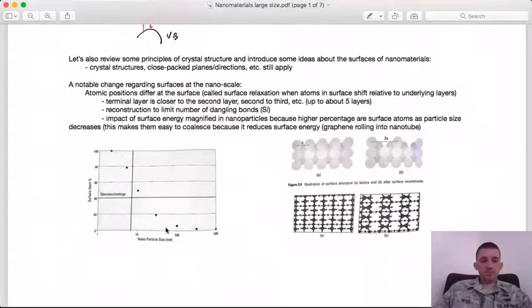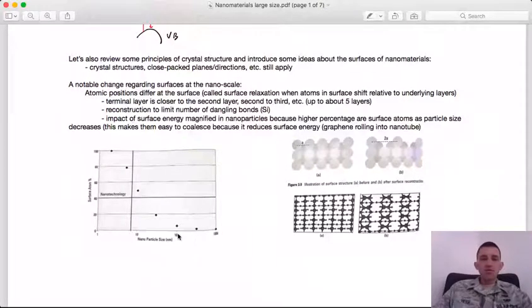But as you have a smaller and smaller particle, you see that the number of surface atoms increases very rapidly. Here, if you have 1,000 nanometers, a 1 micron particle, the surface atoms are essentially zero. Very few of them, relative to the number of atoms in the particle, are at the surface.